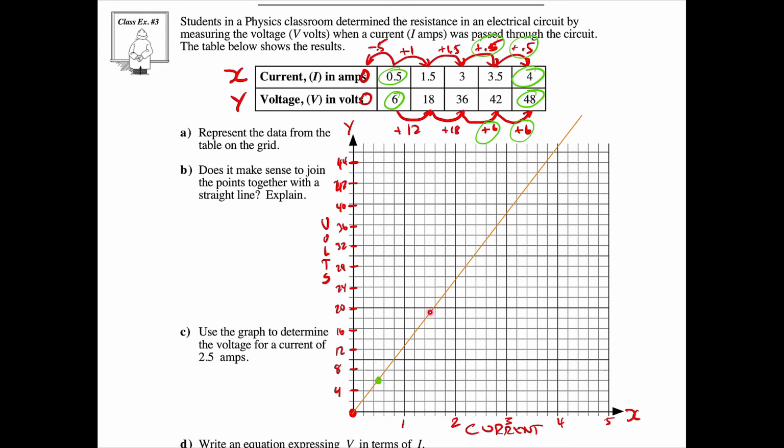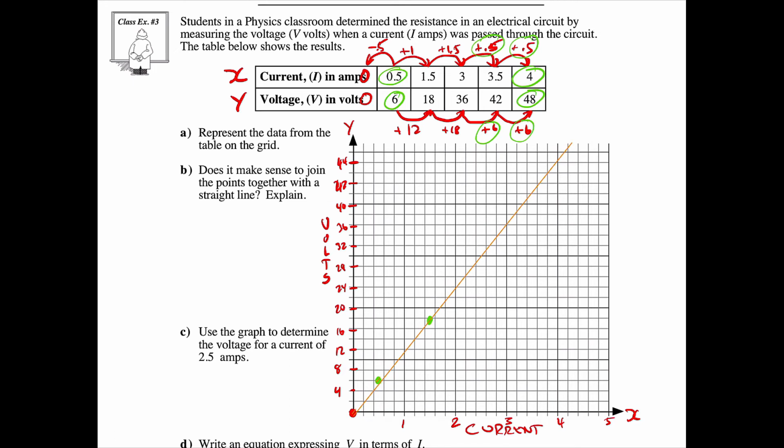So my line's a little bit off, but we only had 2 points at first when I was making my line. So 1.2, 1.4, 1.5, and 16, 18 should be right there. Okay, so I can delete this line and make it again. So it's going like that. It should be going through those 2 points-ish.